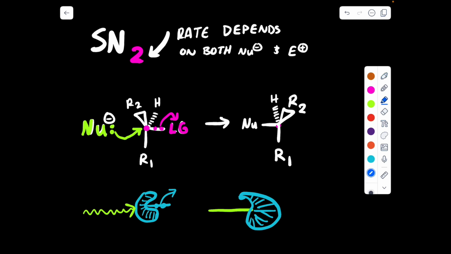So going back to our original substrate, if you chop it in half vertically, R2 is on the left-hand side, and the leaving group is on the right-hand side. We can see that in the products, we get the opposite. The nucleophile is now on the left-hand side, and R2 is now on the right-hand side.